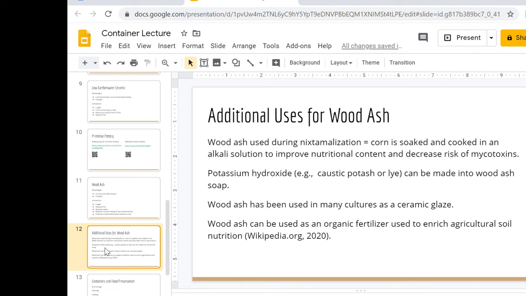All right, additional uses for wood ash. So I know they do this in Costa Rica, and they do it in Mexico as well. In fact, if you go to H-E-B or a grocery store and you look, a lot of the cornmeal, the masa that you'll get, has been through this process, because it can get rid of mycotoxins, but it also brings out the nutritional content in the corn.